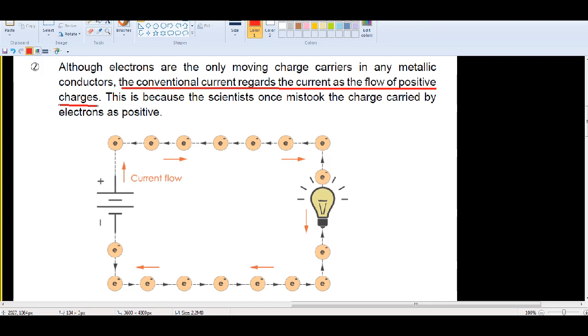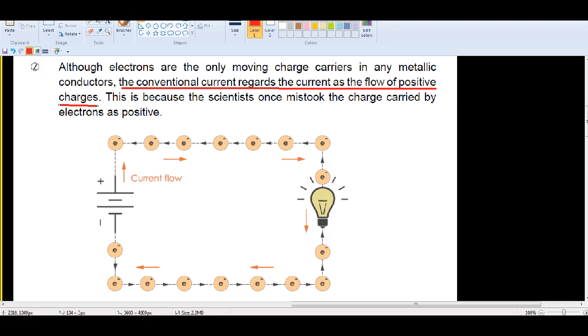We always assume currents are formed by positive charges, even though there's no flow of positive charges. So that's why we call it conventional current. It's just like the current that everyone agrees on, but everyone knows it's not happening in many cases.